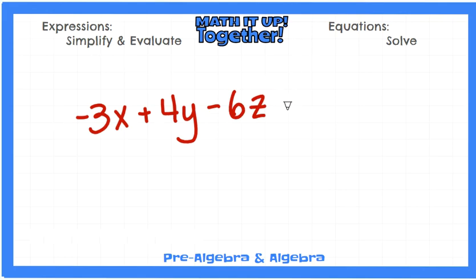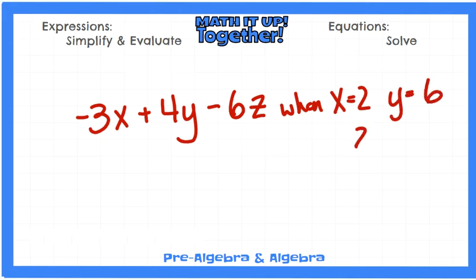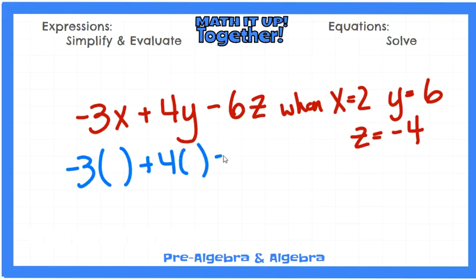So it'd be this when x equals 2, y equals 6, and z equals, say, -4. Okay, and what that's telling us to do is to place those values in for the variables.